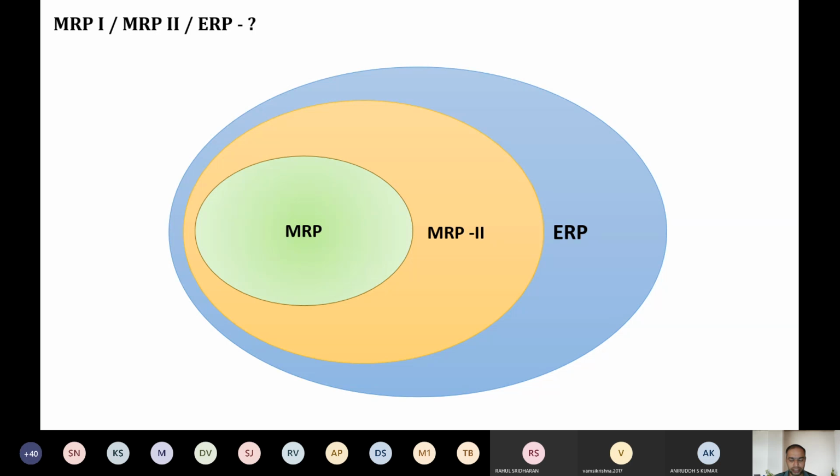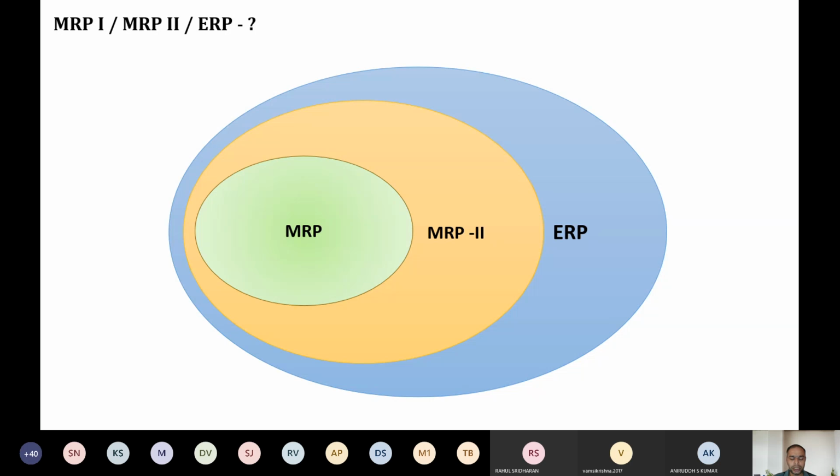If you're sitting for an interview for a core company, they will be asking you this question: what is MRP and what is MRP2? What is the difference between MRP1 and MRP2? MRP1 is only about material requirement planning.